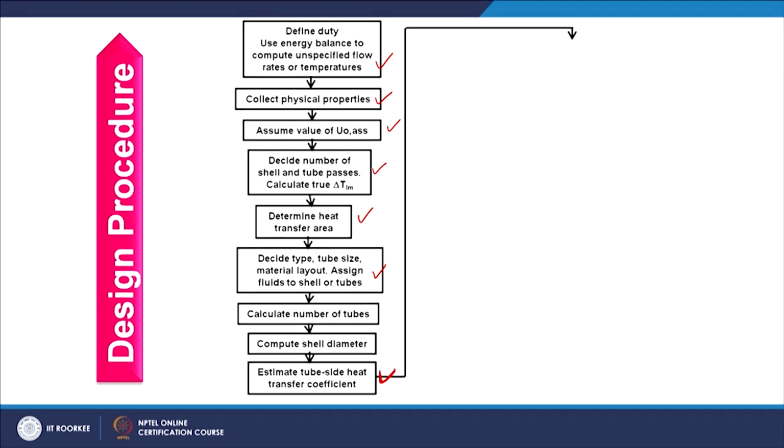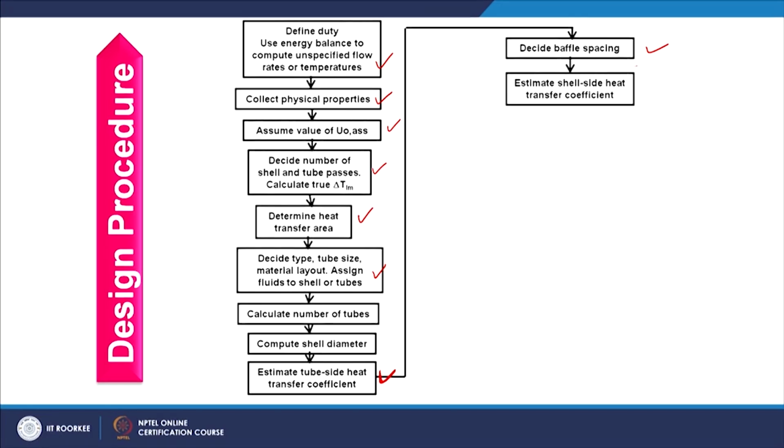After that we proceed towards the shell side, and first of all we have to decide the baffle spacing. After baffle spacing we can calculate the shell side heat transfer coefficient, and here also we will discuss the equations or empirical correlations involved in this estimation.